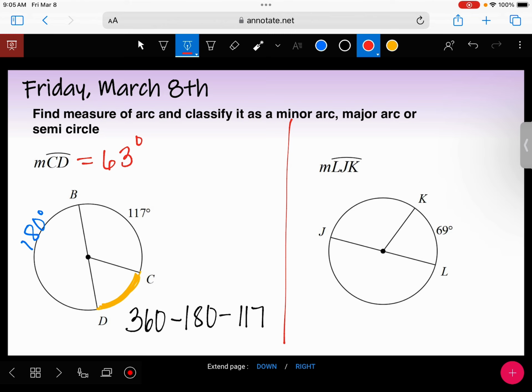So yeah, we do have to do that. Never mind. All right, so we know that this arc here is 180. From here to here is 180. What is this one? What'd you get for that one? 111.